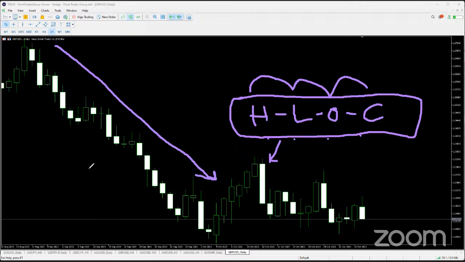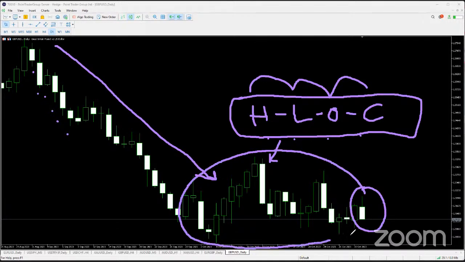This is a downtrend, for instance. It consists of many candles, one after another, and you're going to find that you have a direction, a trend in the market. This is simply how it works. So it's all about focusing on these small candles, the components of the huge movement of the market.